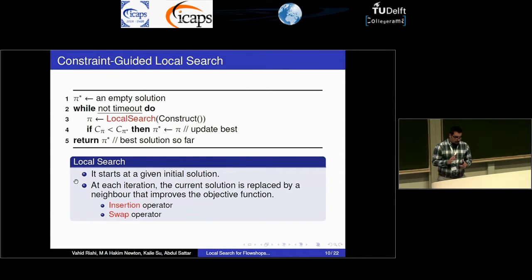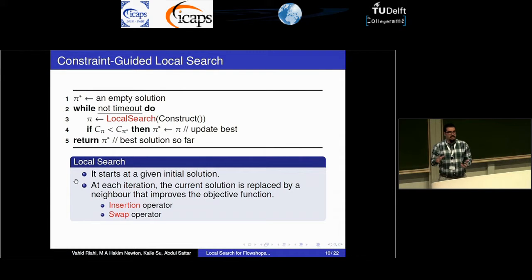Okay, local search, just a very quick review. Local search is probably the simplest and most used metaheuristic algorithm, at least for this type of problem. In local search, we start from a given initial solution, consider all solutions around that current solution, and move to a better solution if it has a better objective function.